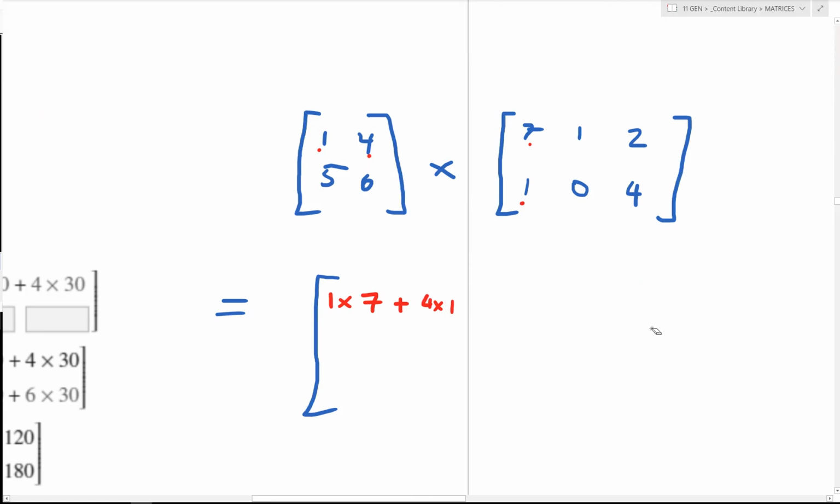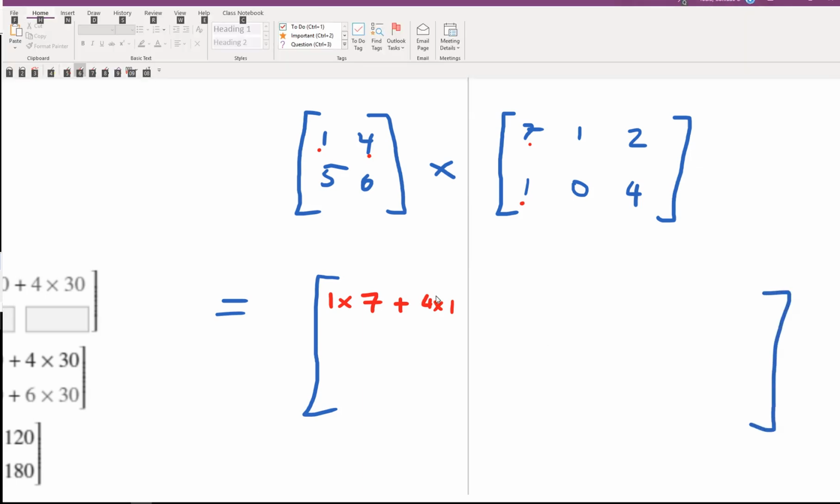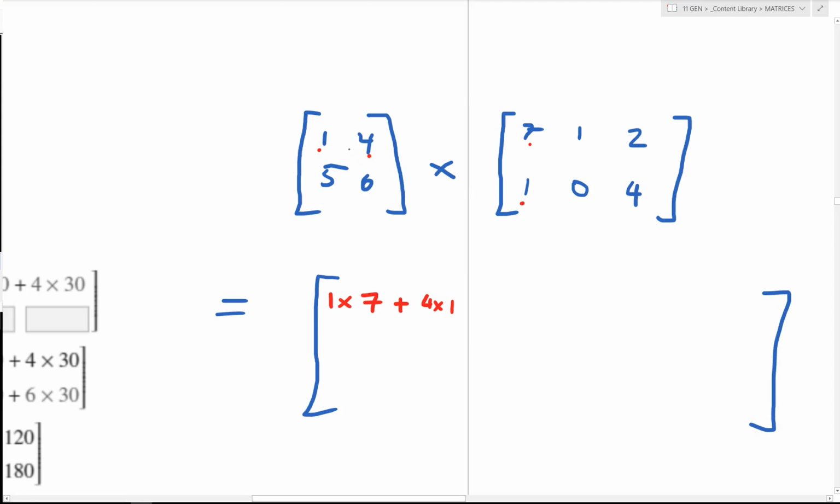Let's make this a bit bigger, guys. Let's go to the next set of numbers. Same principle: row times column. This time we've done the first column, so now we go to the second column. So 1 times 1, plus the next number in that row, 4 times 0.